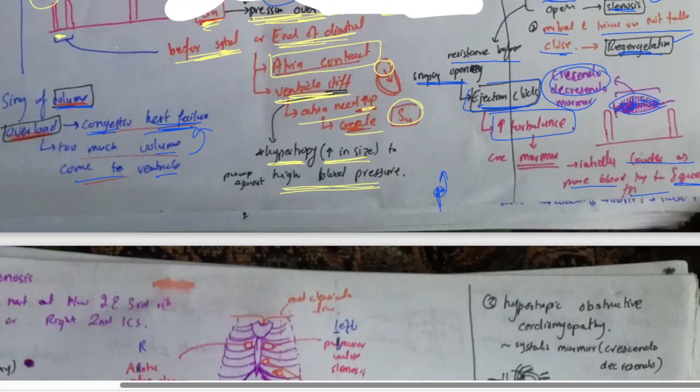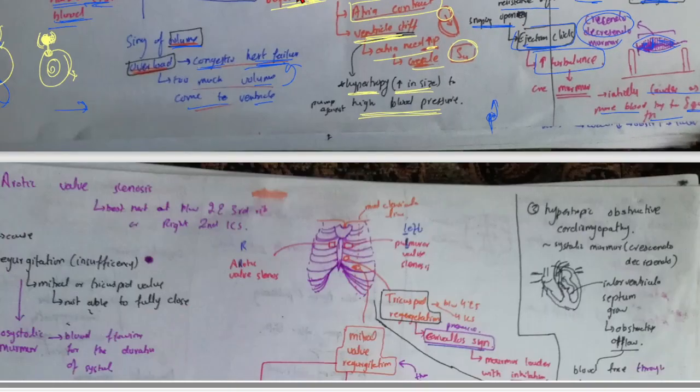Now we will talk more about the other reason, which is aortic valve stenosis. In aortic valve stenosis, the murmur is heard between the second and third right intercostal space. For example, this is the right second intercostal space. So the aortic valve stenosis may be here.